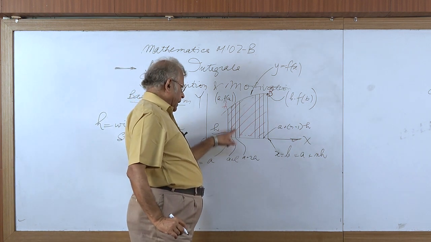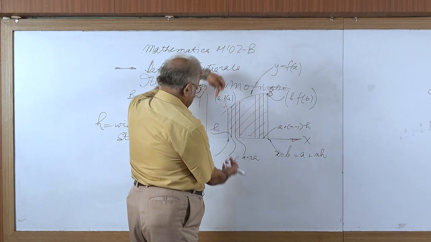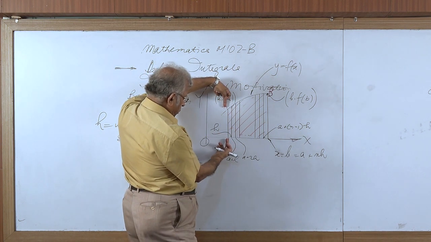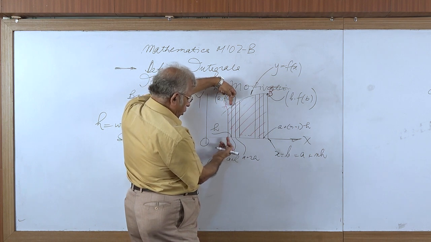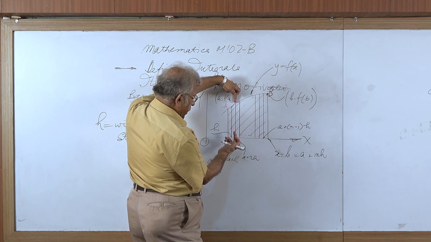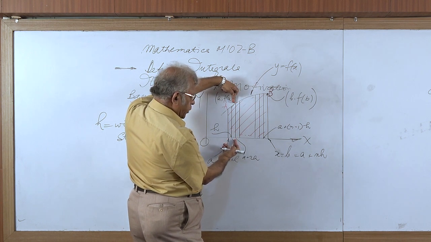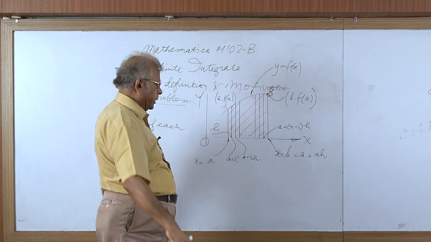So, this ordinate is erected at a plus 2h. Here we have the ordinate size as f(a). The ordinate size here is f(a plus h). The ordinate size here is f(a plus 2h). The ordinate size here is f(a plus 3h), and so on.